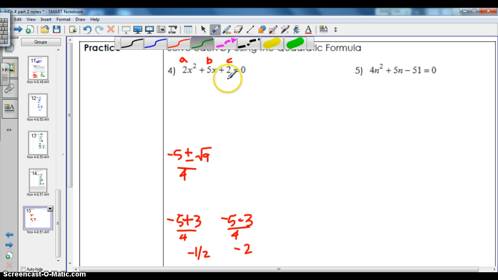All right, and this last one we're going to do together, and I'm going to make a quick little change here. I'm actually going to change this to a plus 5. So change that to a plus 5. So that way we've got an imaginary again. We can practice with those.